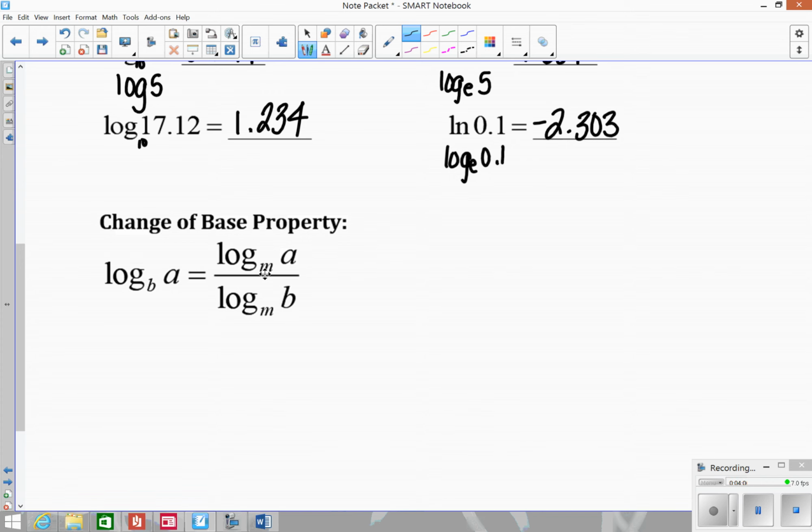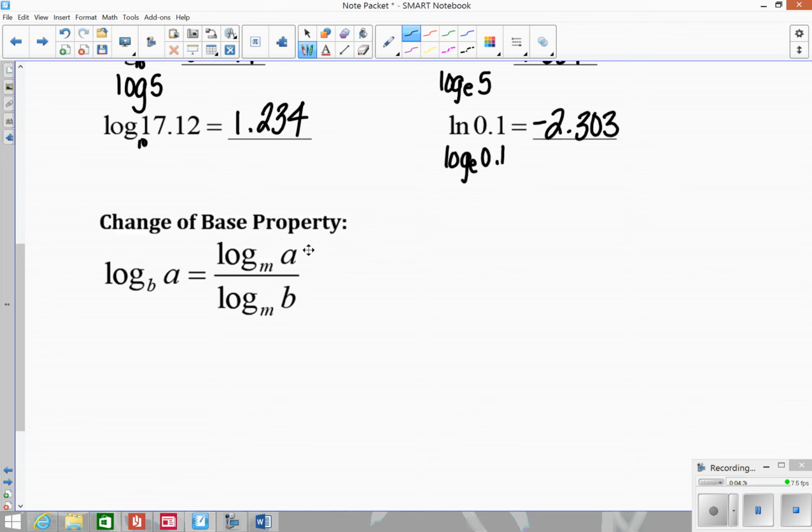See how we keep the bases the same? Typically, it would either be base 10 or base e, so that you can use either the log button or the ln button. All you do is take the log of whatever you're trying to find the log of, but because it was a different base other than 10, you divide by the log of that base.